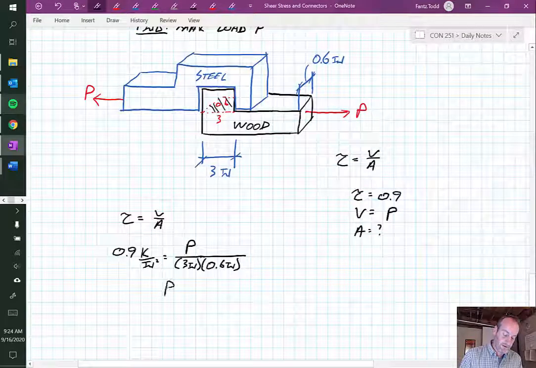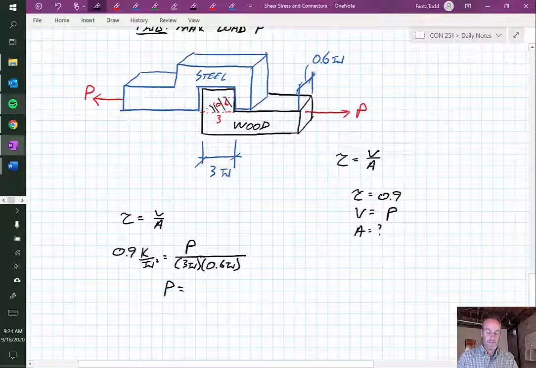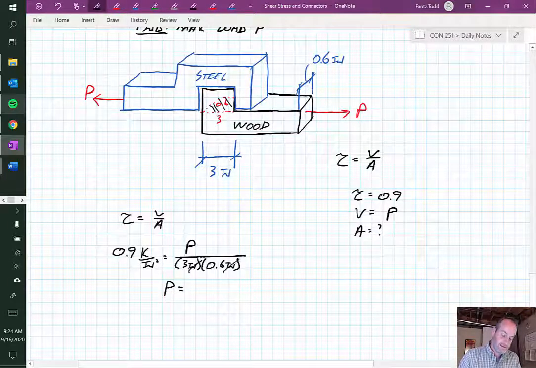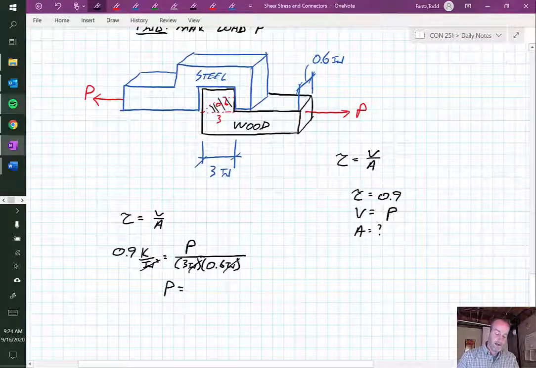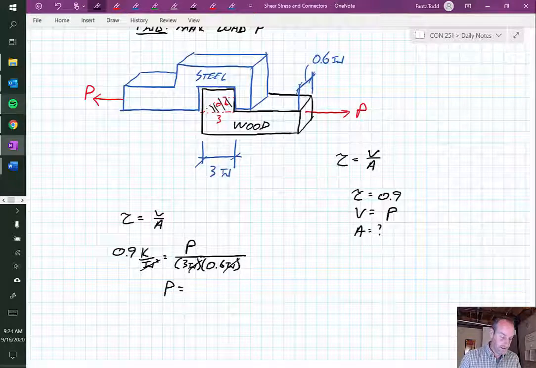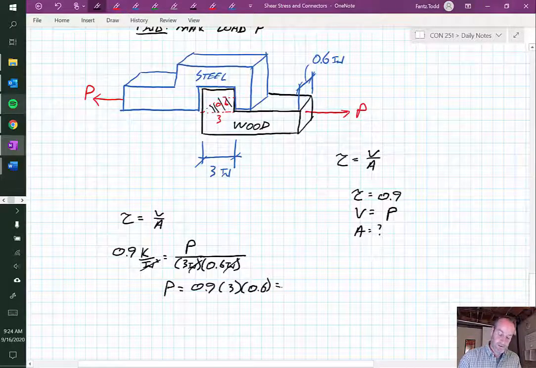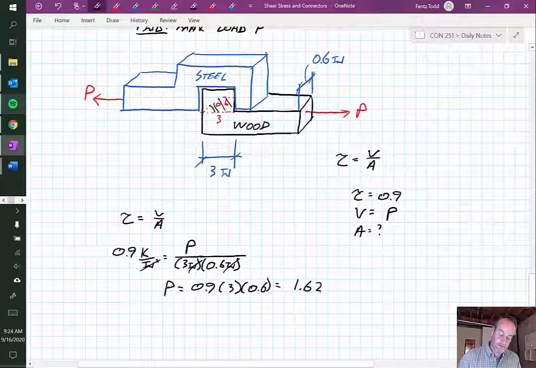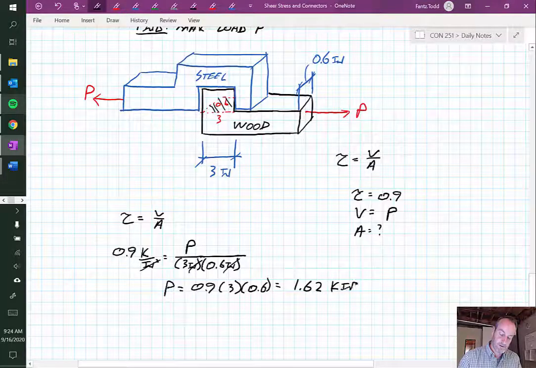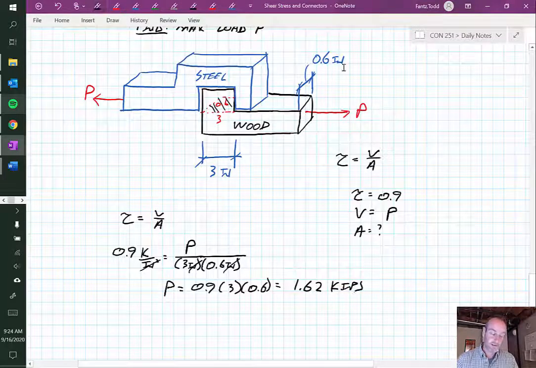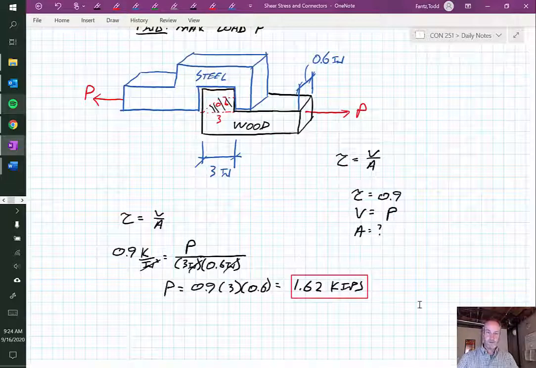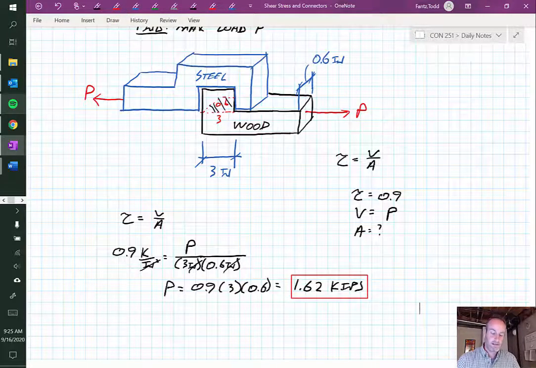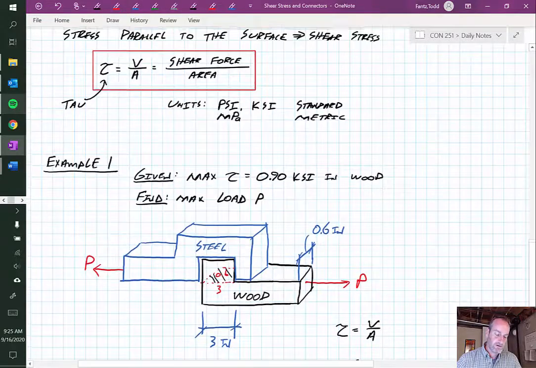So in essence, it's just some algebra at this point, and my inches would cancel out with those inches squared, and I end up with P is 0.9 times 3 times 0.6, which gives me 1.62 kips, or 1,620 pounds, right?